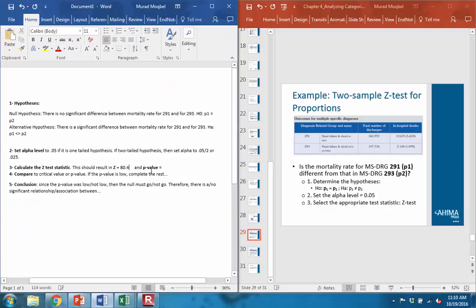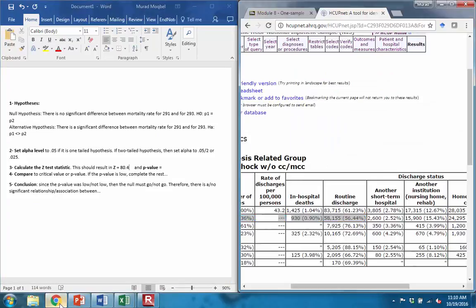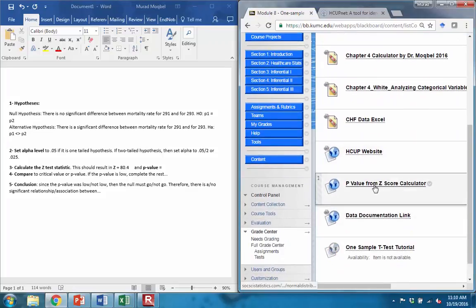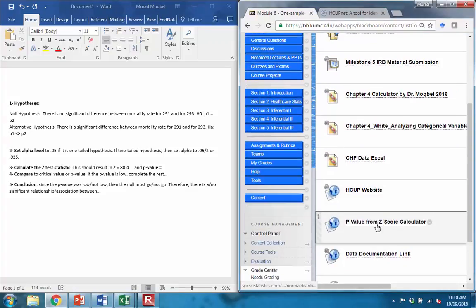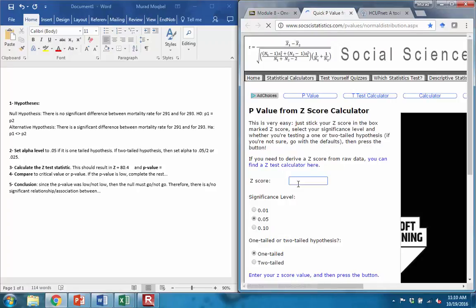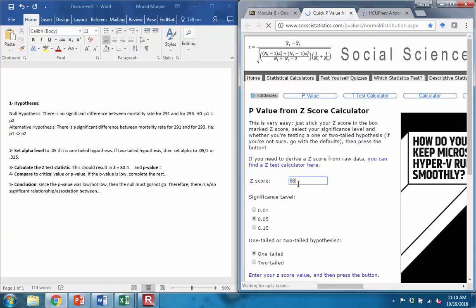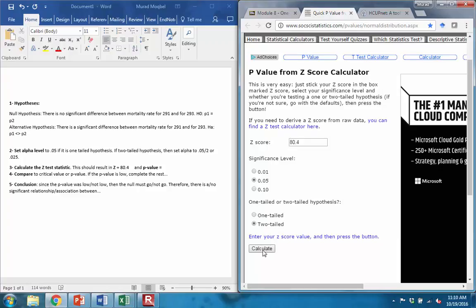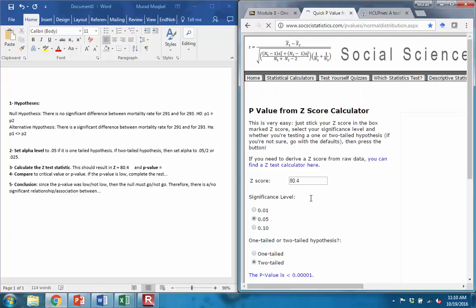Now I need to calculate the p-value based on the p-value website, the calculator for us from here. So I have 80.4, and I need to make sure to select 0.05, that's our rule of thumb, significance level, and two-tailed. We already decided about that.